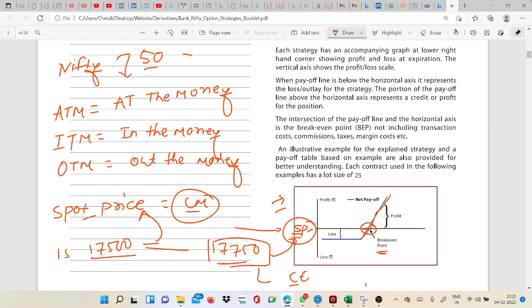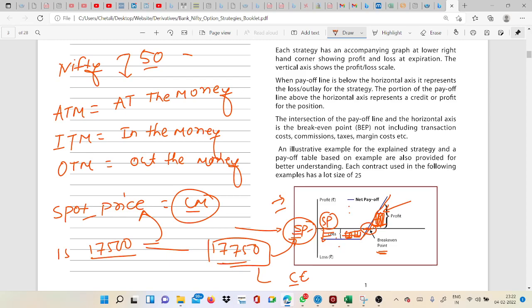After that, your contract will produce some profit. You can see this area; this gives lots of profit to you, right? And if you see this area, if the market price is less than the strike price, then definitely you will have a loss.